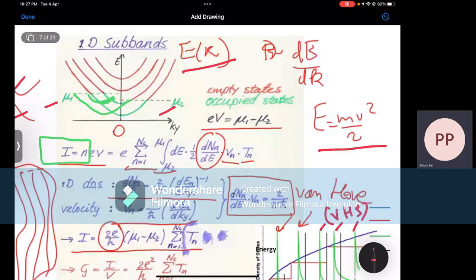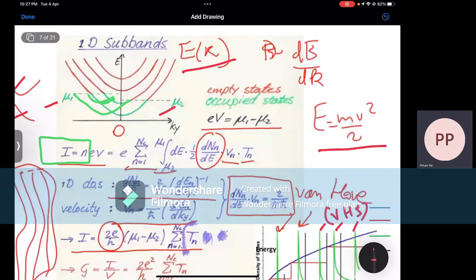So let's look at this integral now. We have the density of states times the velocity, and one is proportional to the inverse derivative dE/dk, and the other is proportional to the derivative itself. That's very lucky, because they cancel out.